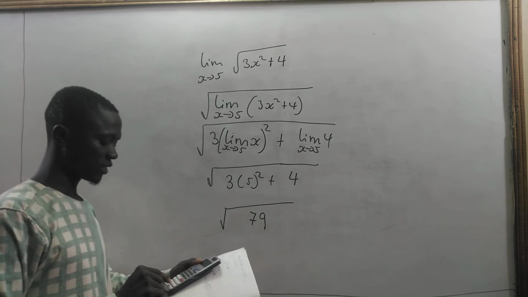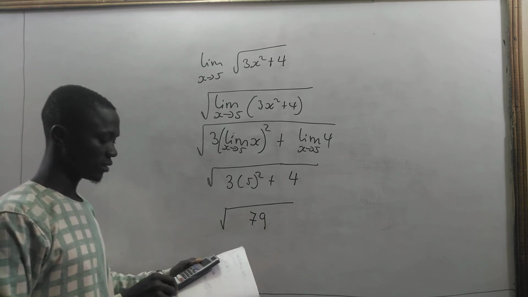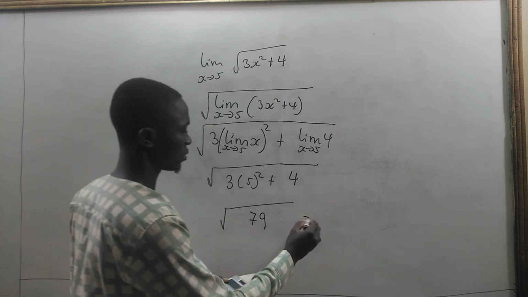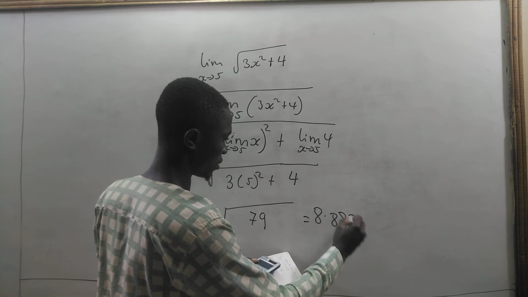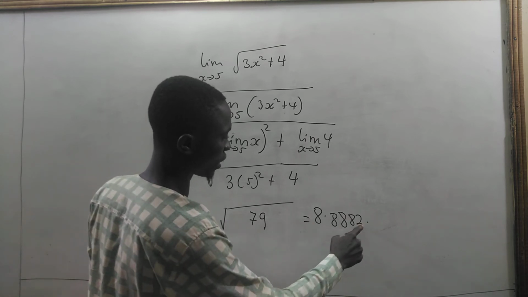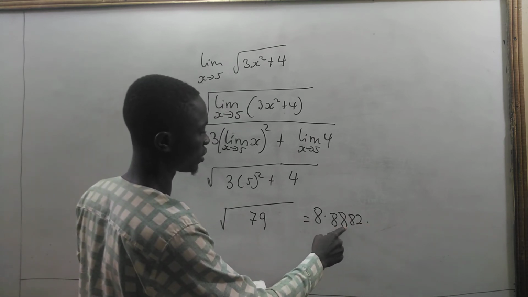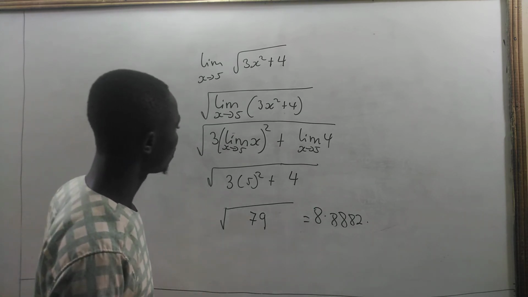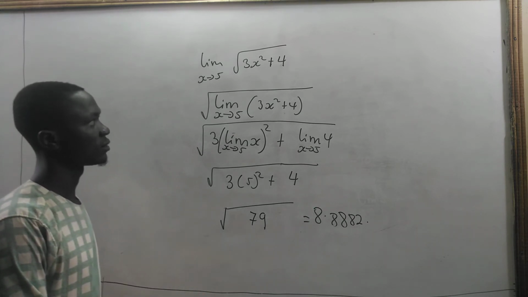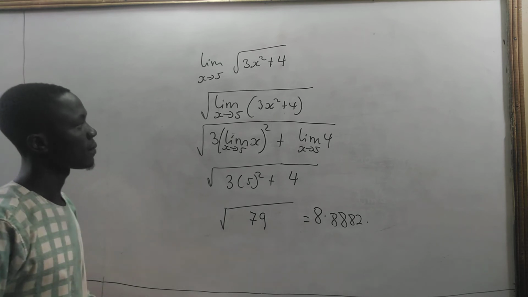And root of 79 is 8.8882, five significant figures. Very simple as that.